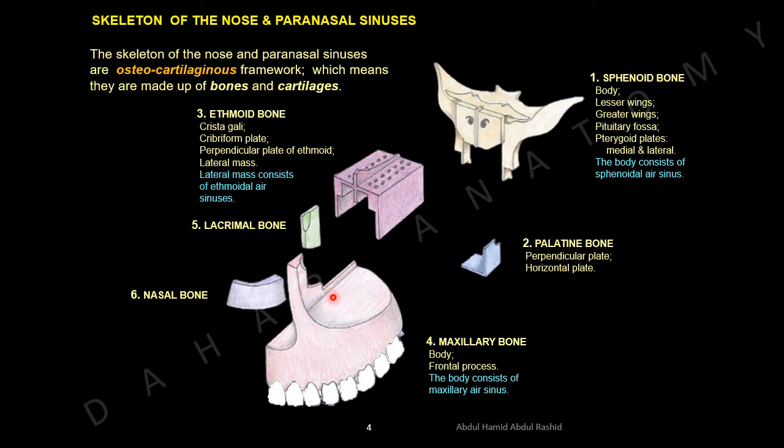Inside the body of the maxilla is maxillary air sinus. The fifth bone is the lacrimal bone. It's a very small flat bone in front of the ethmoid bone. And in front of the frontal process of the maxilla is another bone, that is the nasal bone.